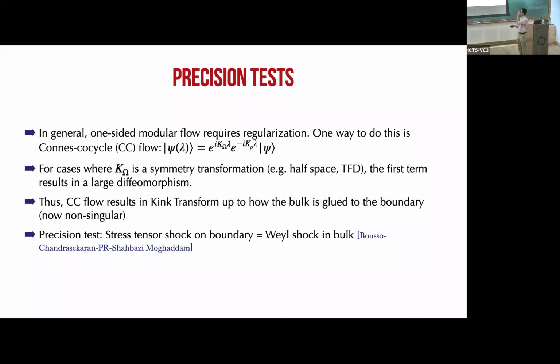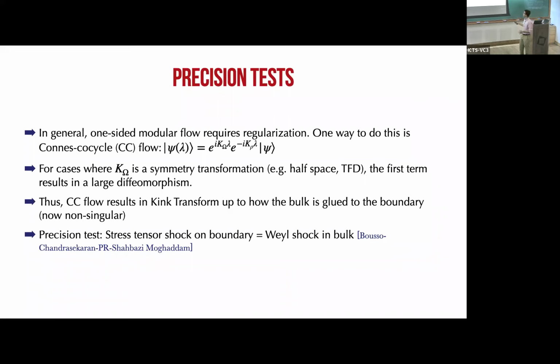Now, the vacuum modular Hamiltonian in some situations is a nice thing that we have control over. So for example, if I take half space of a quantum field theory, then the vacuum modular Hamiltonian is just a symmetry transformation, right? On the boundary, it's just generating a boost. And on the bulk side, all it does is a diffeomorphism that moves the boundary by a boost.